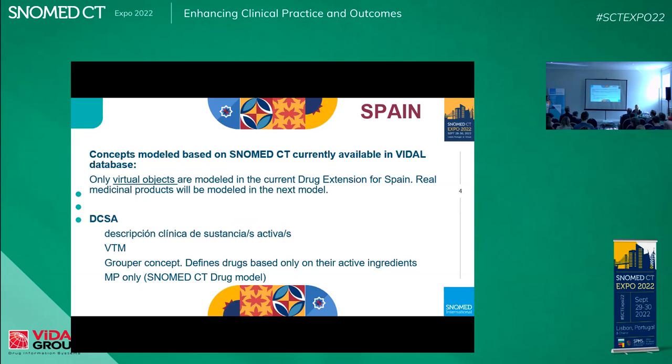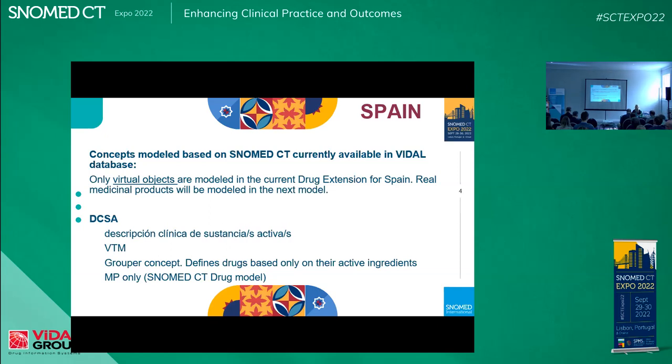So for Spain, we are using the drug extension edition, which is separated from the national edition for Spain. The three concepts that are currently modeled based on SNOMED are the DCSA, the DCP, and the DCPF. These are all virtual objects, since the national edition for Spain is not currently modeling real objects, real medicinal products.